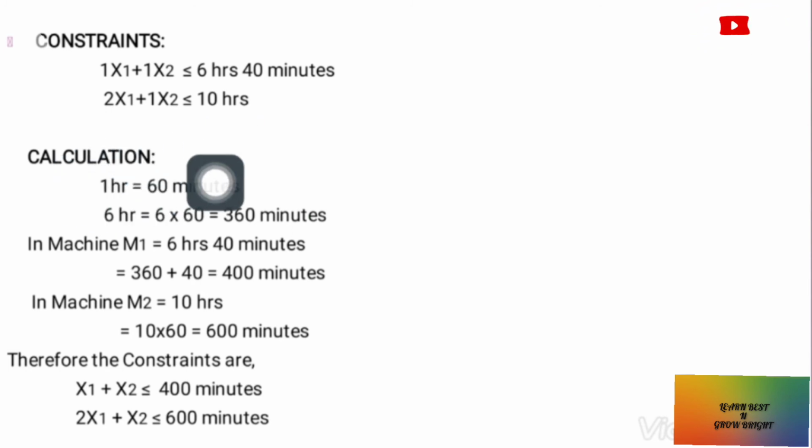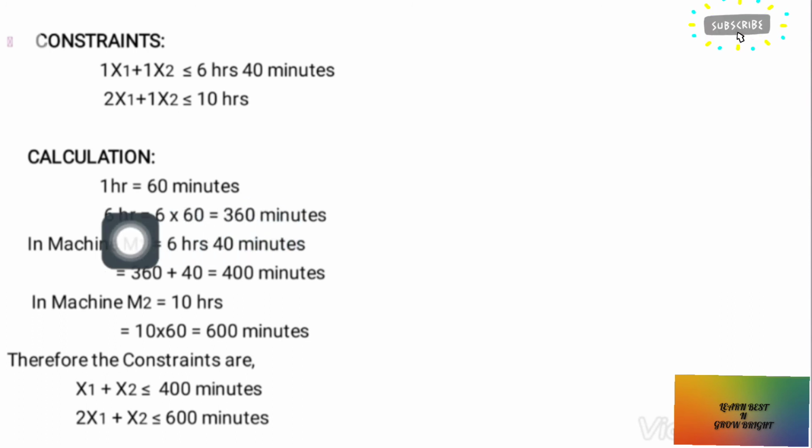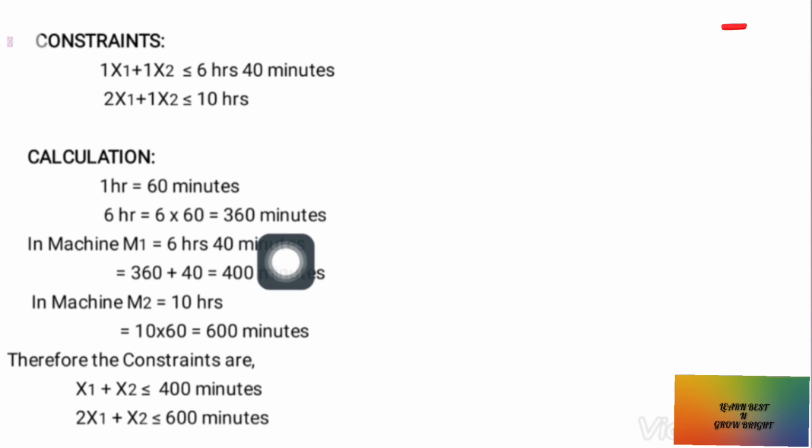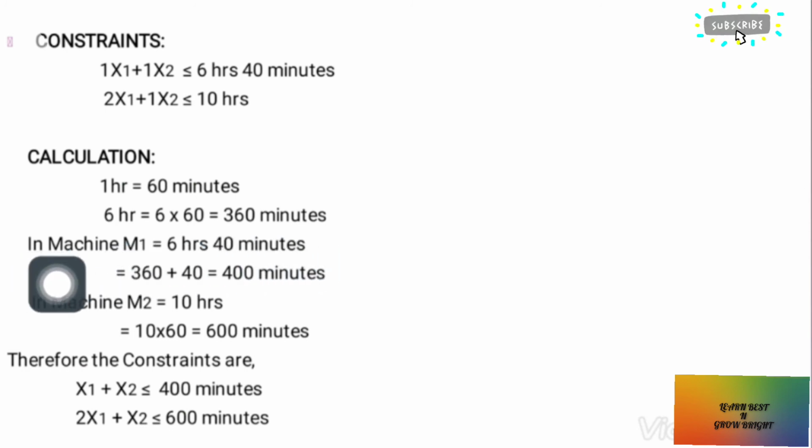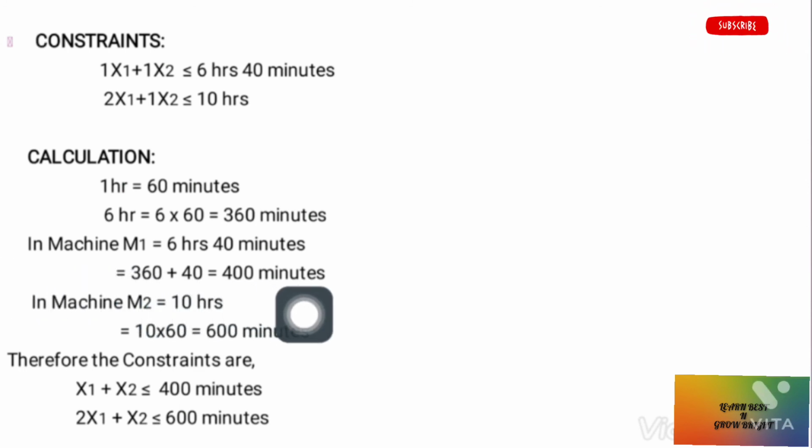Now let us see the calculation of how to convert hours into minutes. We all know that 1 hour is equal to 60 minutes. So 6 hours is equal to 6 into 60 is equal to 360 minutes. In machine M1, the time is limited to 6 hours 40 minutes. So 360 plus 40 is equal to 400 minutes.